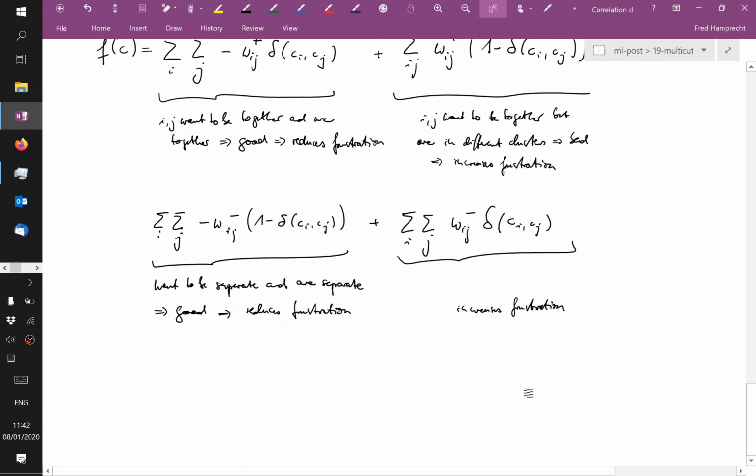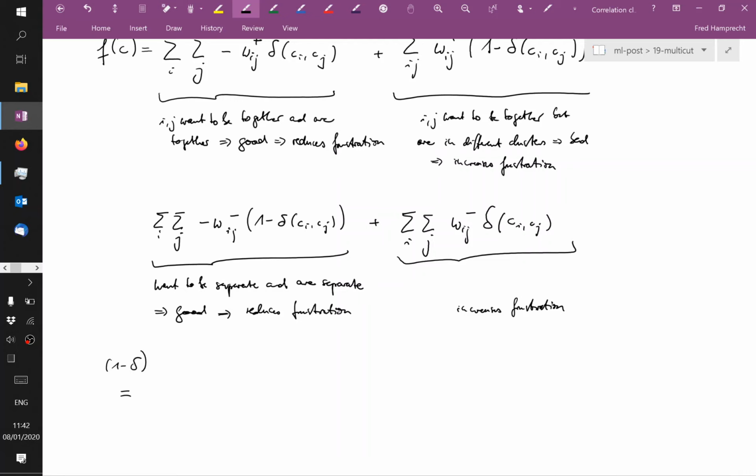Good. So I'm now going to rewrite this, and I want to end up with cut indicators. So I want to rewrite this whole expression such that I only have a 1 minus delta written there.